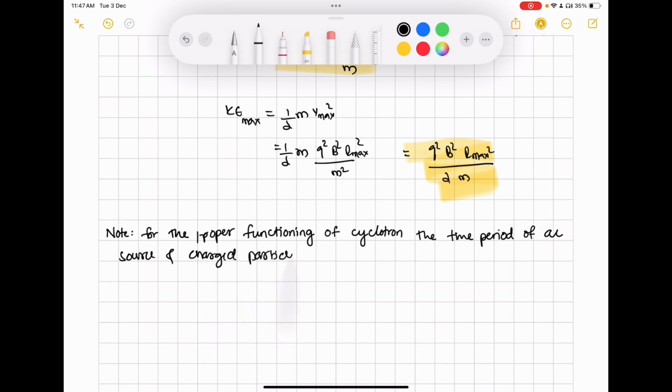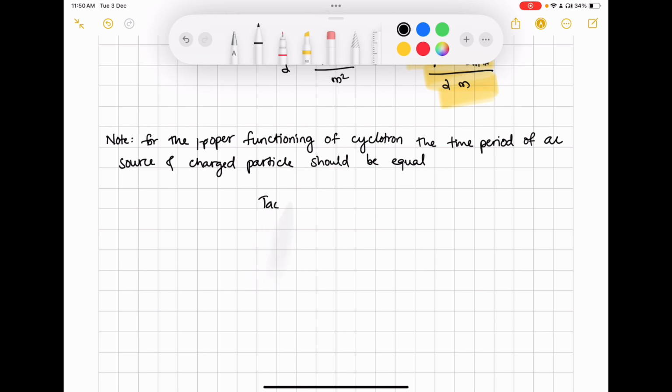That is, the time period of the AC source is equal to the time period of the particle.